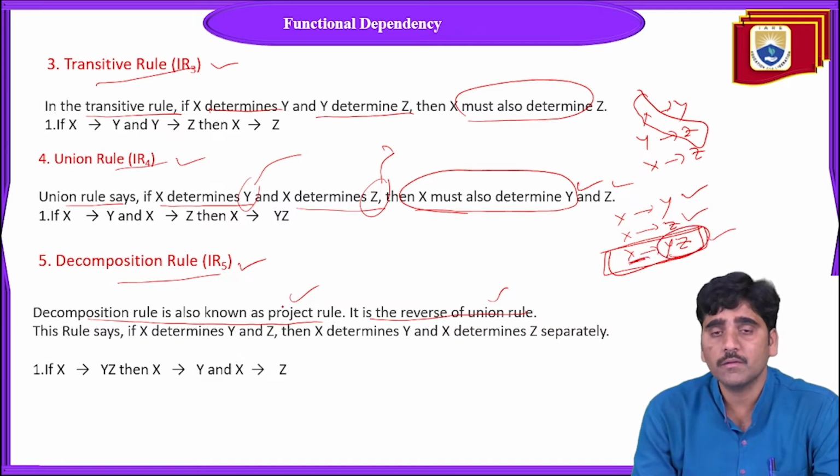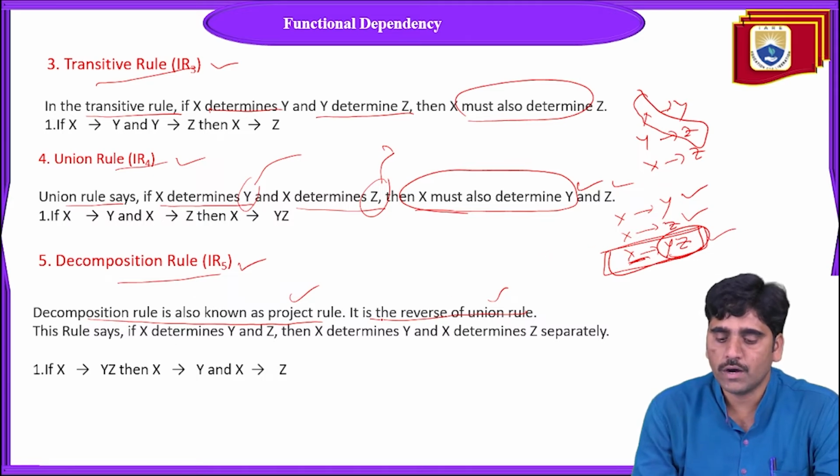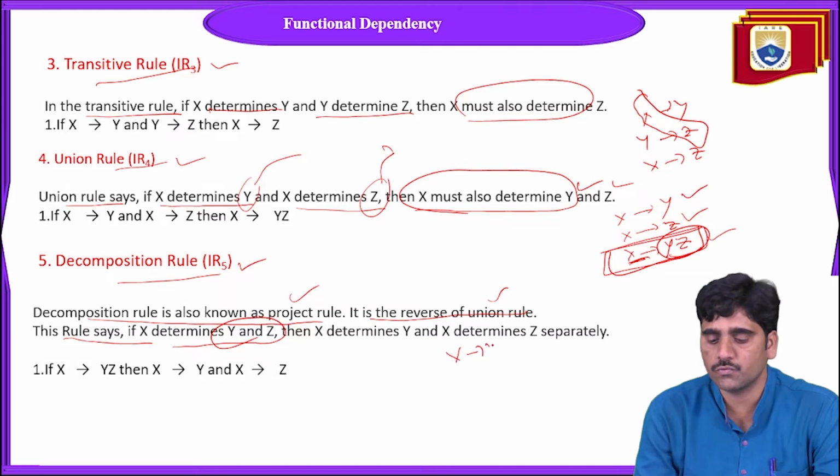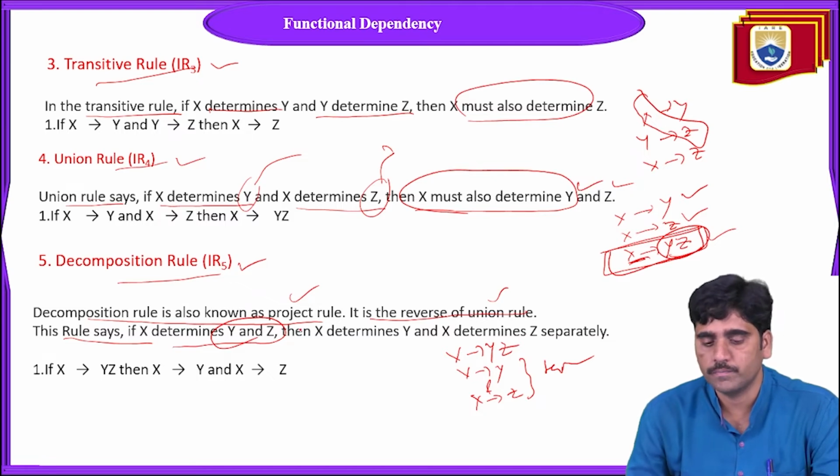The decomposition rule is the inverse of this. The rule says if X determines Y and Z, then X determines Y and X determines Z separately. So this is the decomposition rule.